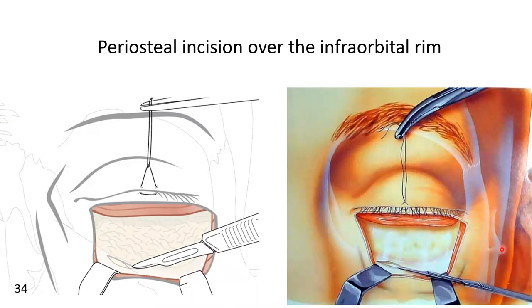In this figure, incision through the periosteum along the anterior maxilla, 3 to 4 mm inferior to the infraorbital rim. Note the pretarsal muscle fibers here, still remaining on the inferior tarsus and the orbital septum, which restrict the orbital fat from entering the field.